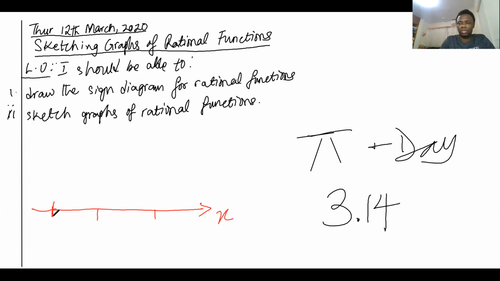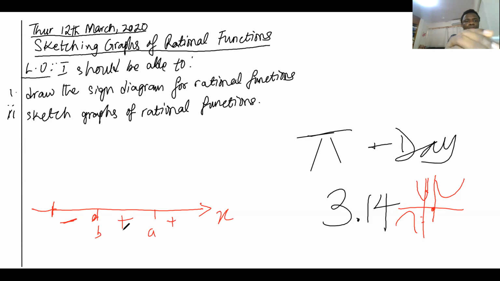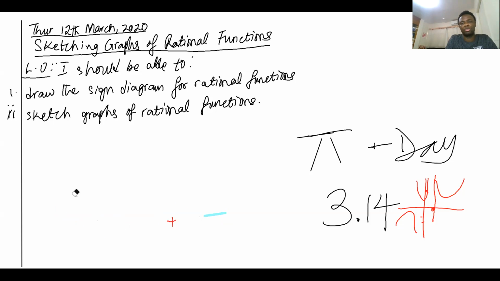If you have a curve like this and this, from this point, x equals a, all the y values are positive. And maybe from this point, x equals b, it is negative. What happens in between? We don't know. What if it's like this? It means it's also positive. We will see how important that is when we are trying to sketch.